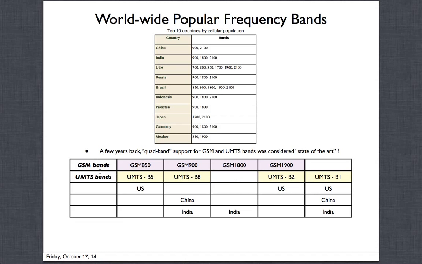After we have seen these bands, I've tried to note down only the countries where these bands are used. For example, the US uses band 5 for UMTS, or for GSM it would be 850. They have different kinds of carriers. Most of the carriers in the US are non-GSM, like Verizon Wireless.